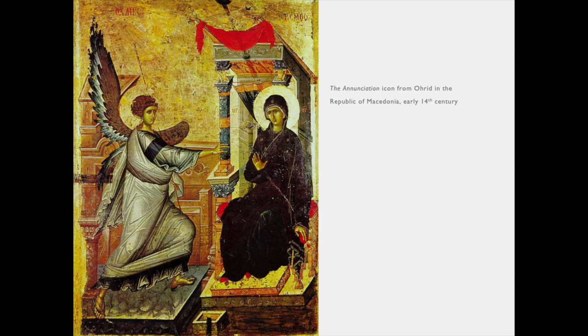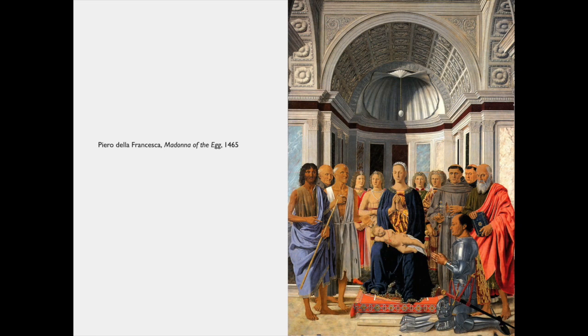Now, think about this. You're very, very wealthy, and you want everyone to know that you're powerful. So, what better way in the Renaissance than to tell your guests who came over for dinner that you have a new, exquisite painting made by the most incredible contemporary artist of the time, Piero della Francesca, which not only represents the Madonna and baby Jesus, as we see here, with a host of saints, very important.